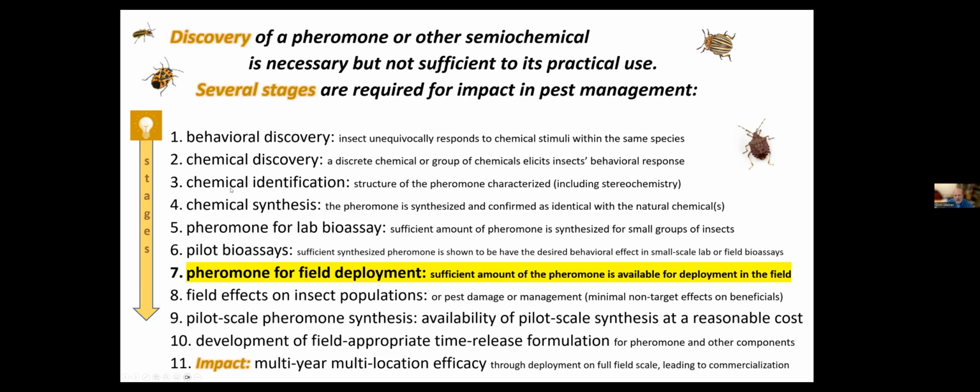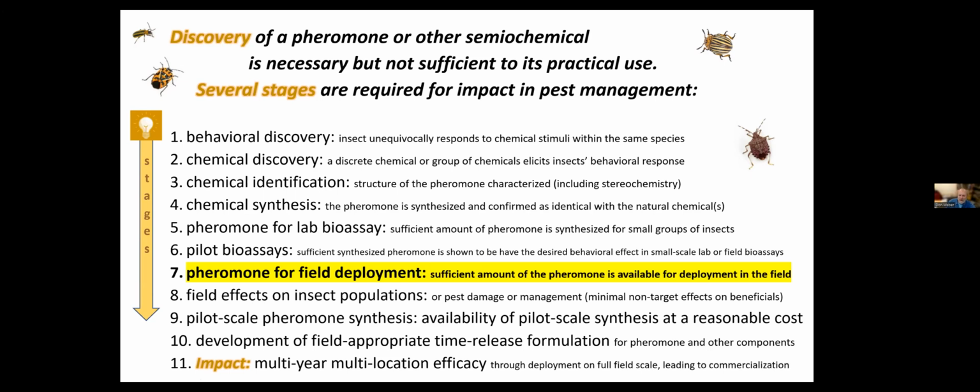That's number 2. Number 3 is identifying that. And number 4 is synthesizing it and confirming that what you synthesized or made synthetically is the same as the natural chemical. And that all takes a lot of work. So if you have enough of that, maybe you can do a lab bioassay. You got to make more to be able to go into the field and test, hey, does this really work in the ecosystem that the insect exists?